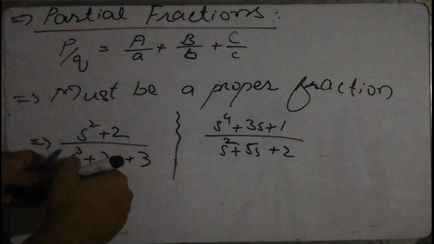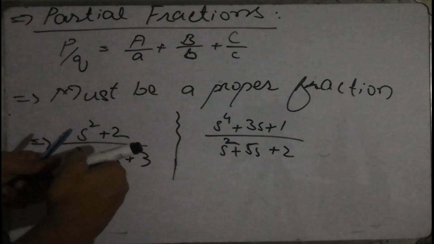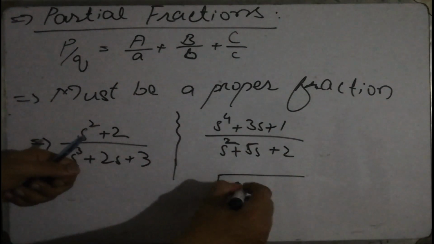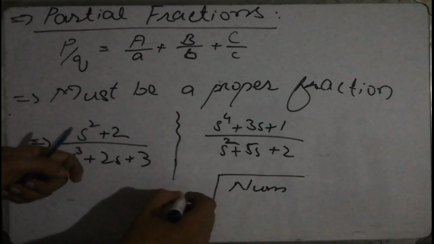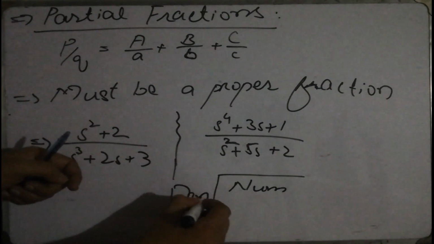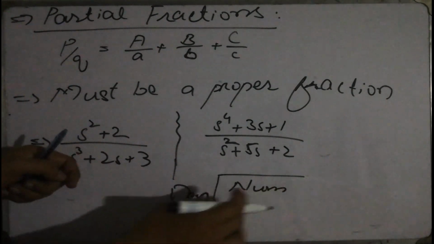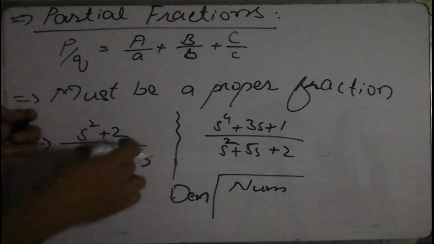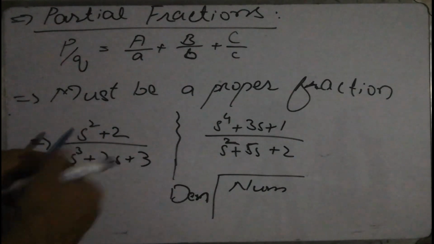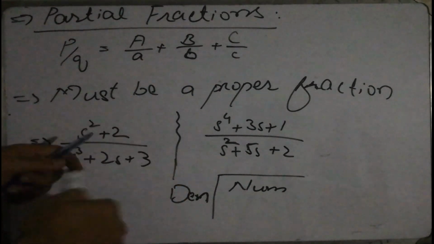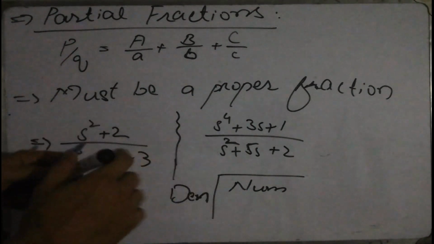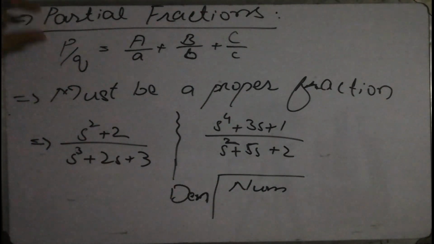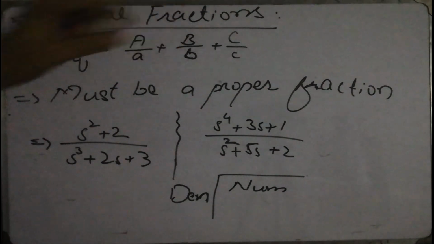For converting it into a proper fraction, we simply use the division technique, which is dividing the numerator by the denominator, so that the degree of the denominator gets higher than that of the numerator. This is the first requirement for conversion of a fraction into its partial fractions.